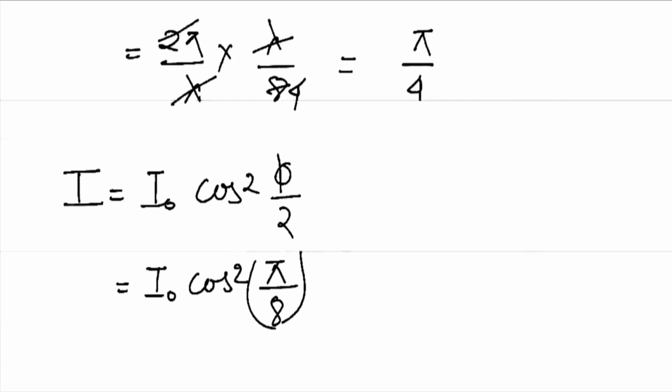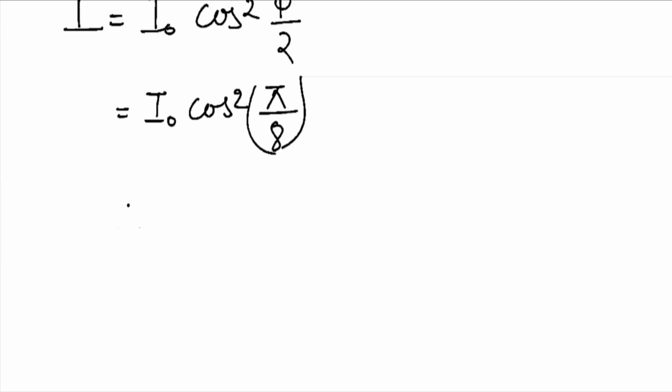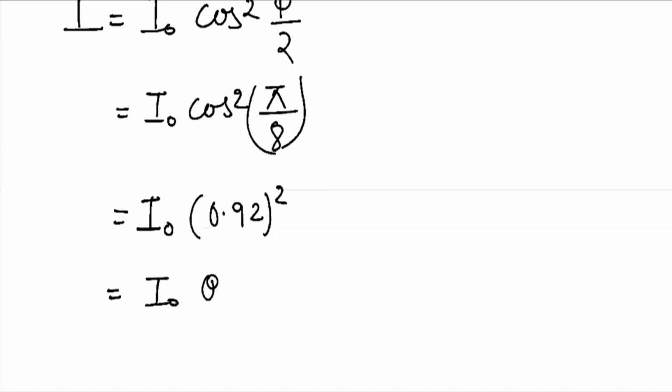And cos square pi by 8 we can write as 0.92 whole square, and this will be equal to I naught times 0.84. So the intensity at P is 0.84 times I naught.